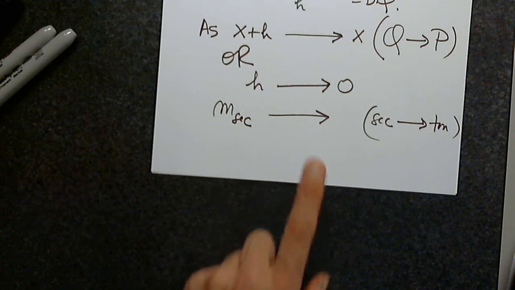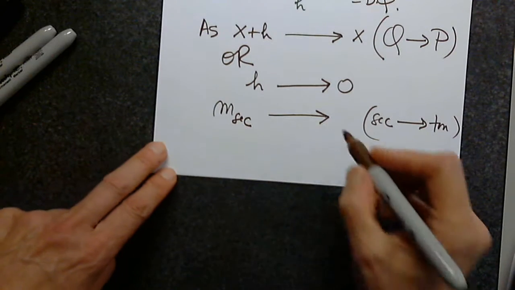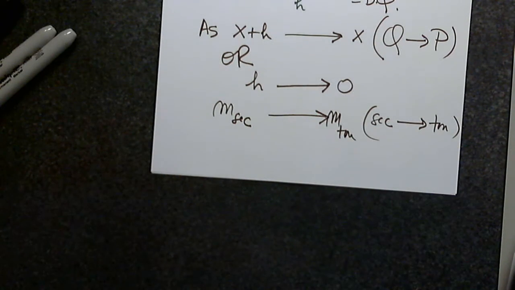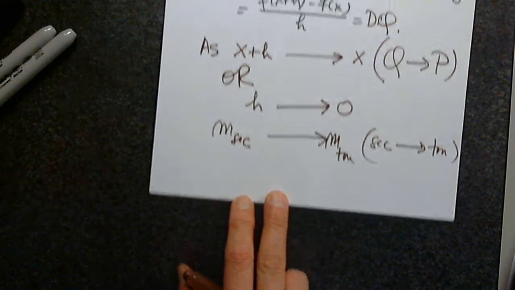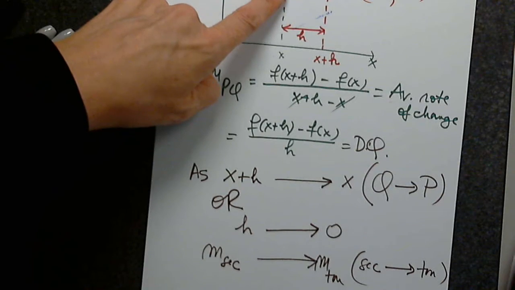It doesn't say equal. I cannot determine the slope of the tangent line without saying that as h gets closer and closer to 0, the slope of the secant line will get closer and closer to the slope of the tangent line. So that's how we determine the slope at this point.